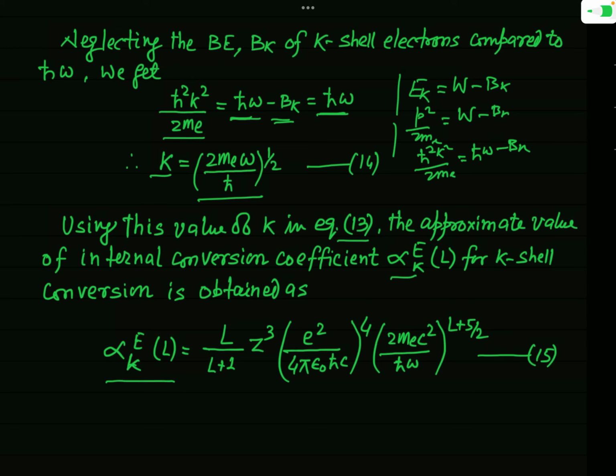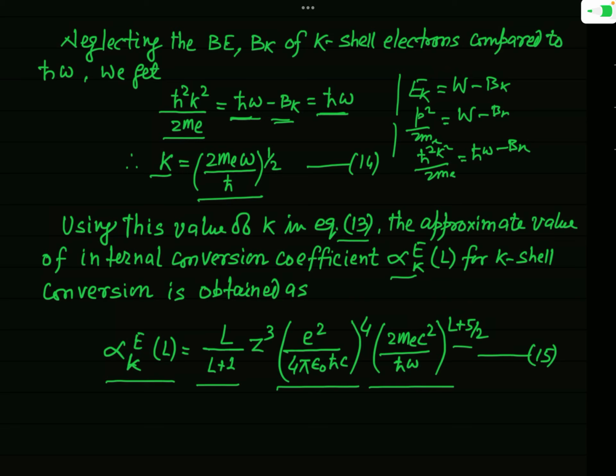So after this we get α_KE of L equal to L over L plus 1, times Z³, times (e²/4πε₀ħc) to the power 4, times (2mₑc²/ħω) to the power L plus 5/2.